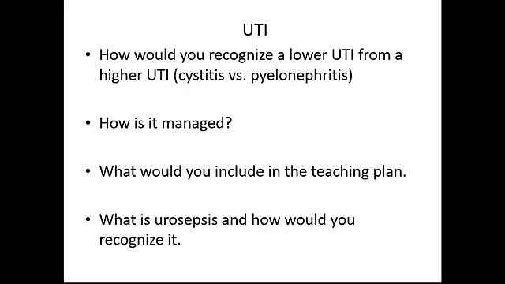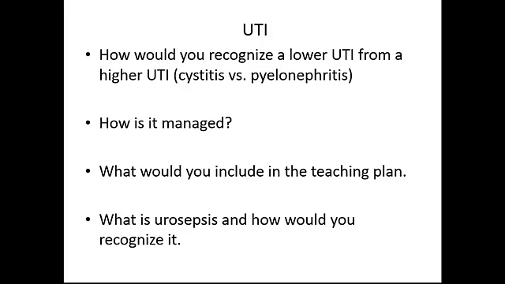So how do we diagnose a UTI? It's going to be a urinalysis, a urine C&S, and a blood culture. Now, if we're suspecting a pyelonephritis, we're going to do a CT scan also so that we can look at the kidneys themselves.